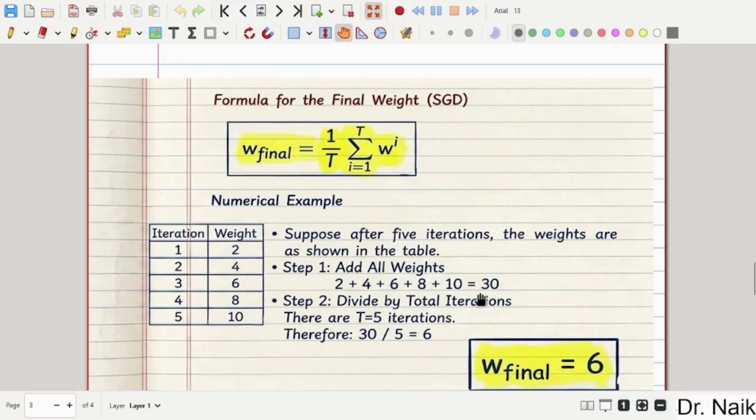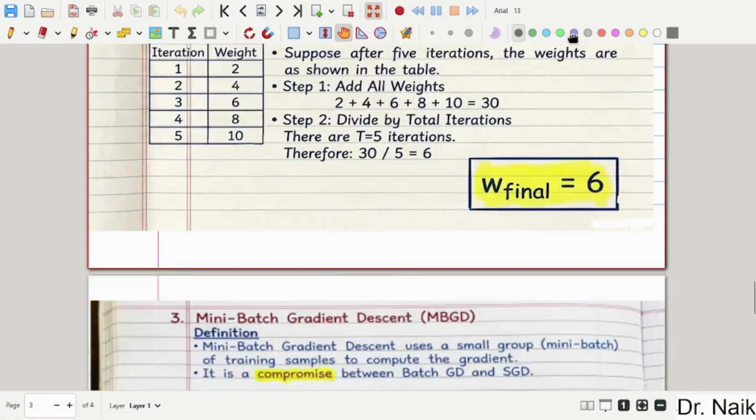This sums to 30. Now divide the total of the weights by the total number of iterations. We did 5 iterations, so 30 divided by 5 is equal to 6. So the final weight is 6.